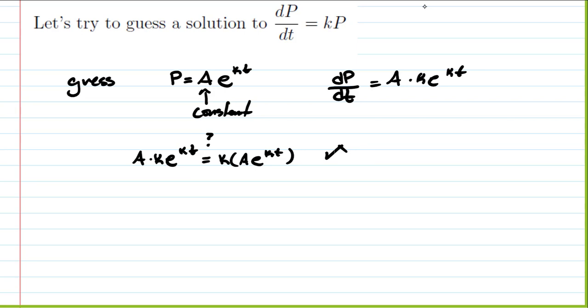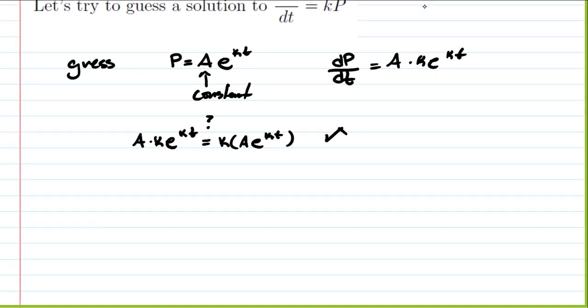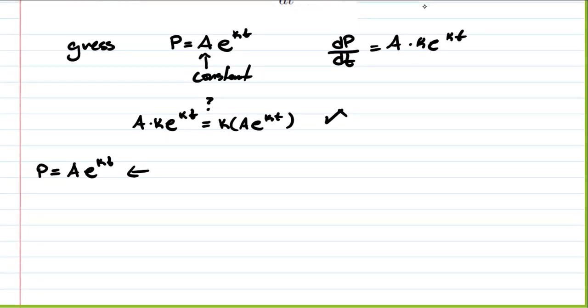So it turns out that p equals a e to the kt is a solution to the equation.